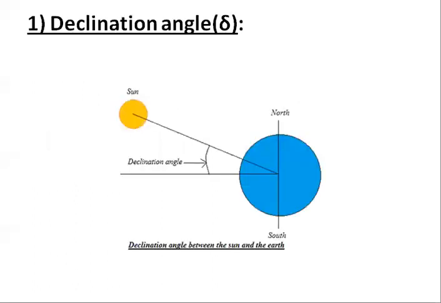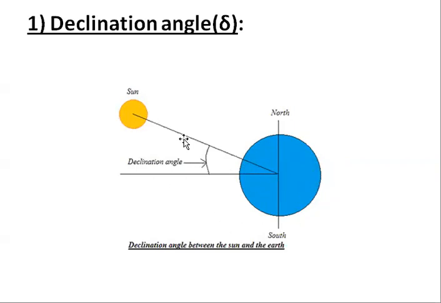Coming to the first one, the declination angle, represented by delta, it can be defined as the angle between a line extending from the center of the sun to the center of the earth and the projection of the line upon the earth's equatorial plane. That means here I considered the sun and here I considered the earth.